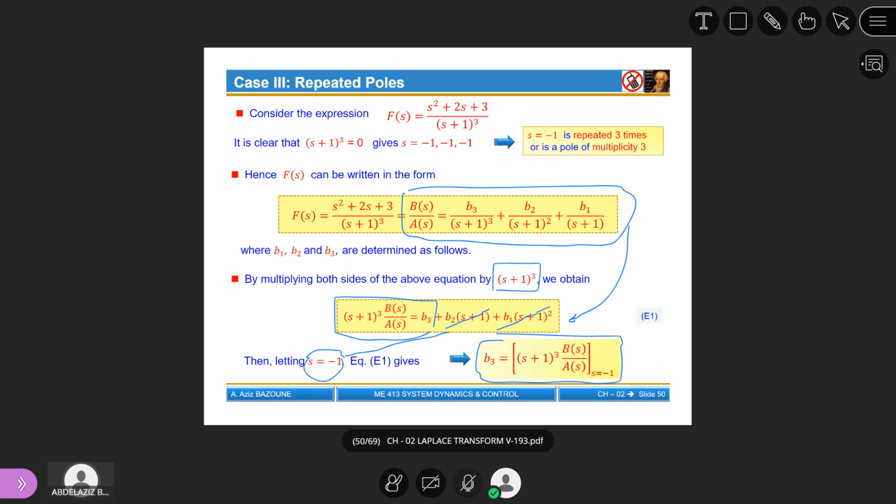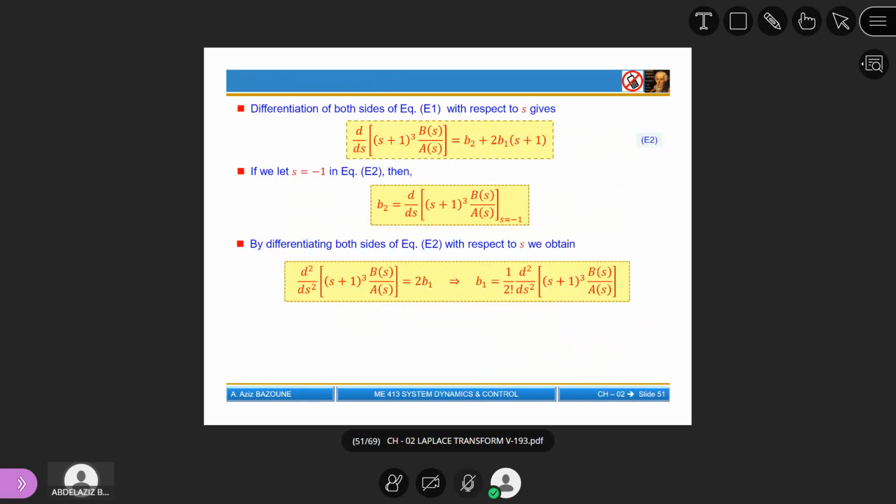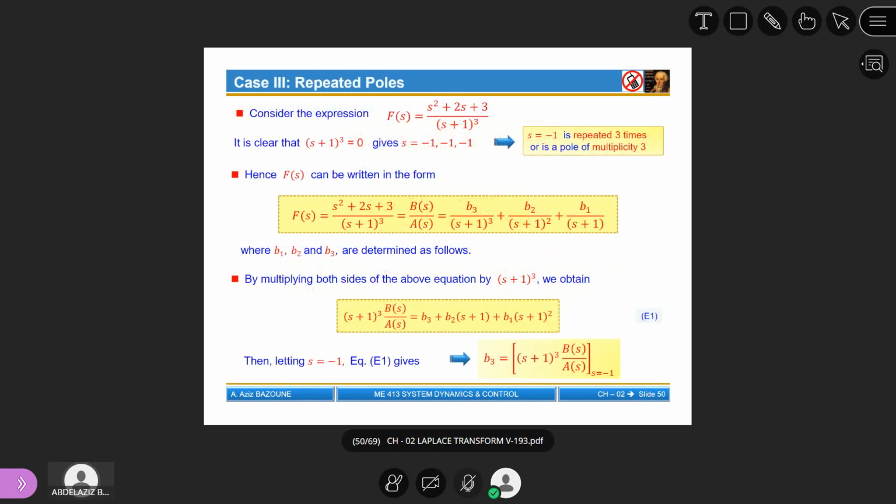So b3 is the easiest one. Now, remember this expression. We need to differentiate both sides of the equation. Now, Shabab, if we differentiate this expression with respect to s, this will give me b2 plus 2 b1 (s plus 1).